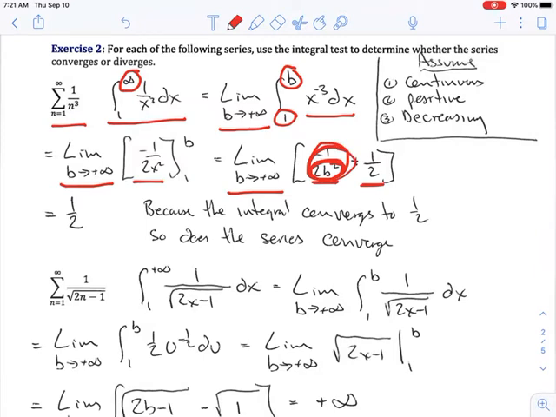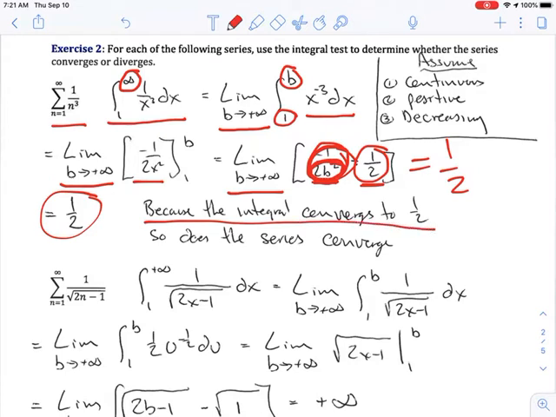And of course, the limit of 1/2 is equal to 1/2. So we have the limit is 0 plus 1/2, which is 1/2. So the integral is approaching 1/2. And so because the integral converges to 1/2, the series will also converge. They both either converge or they both diverge.